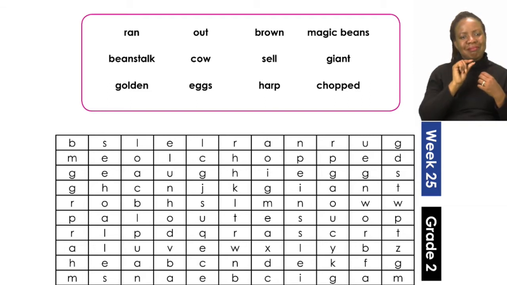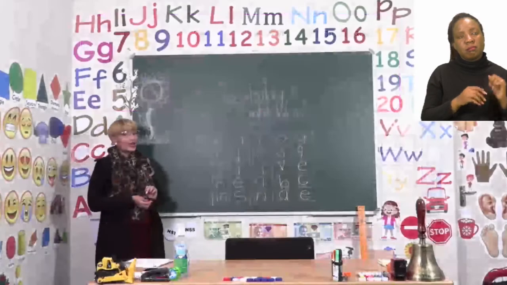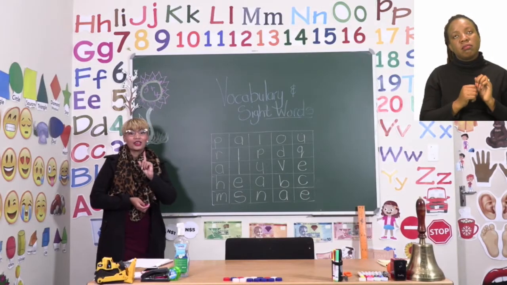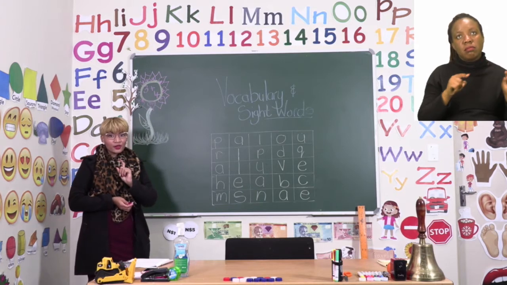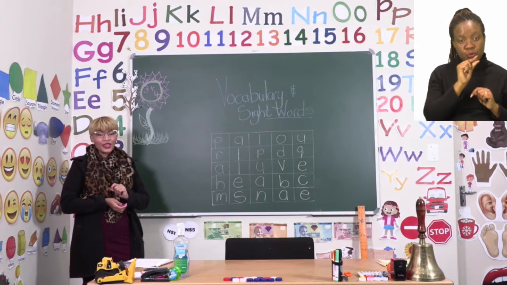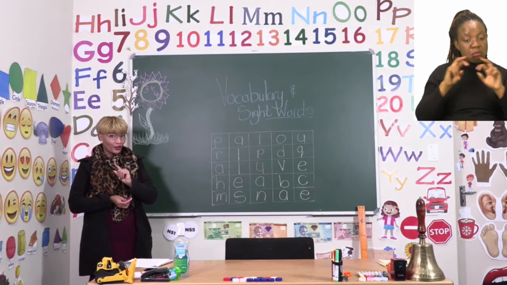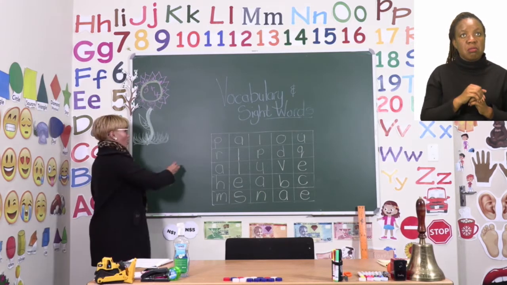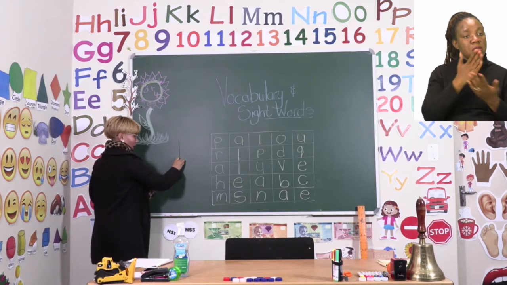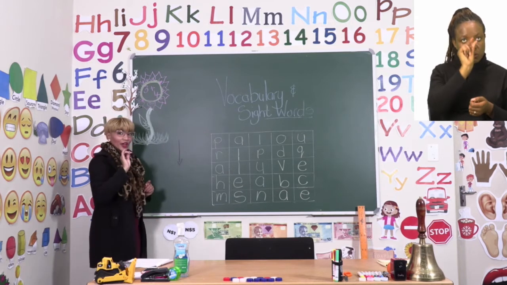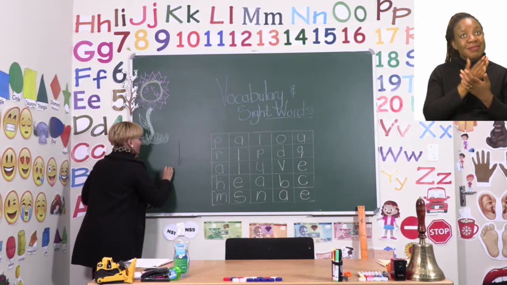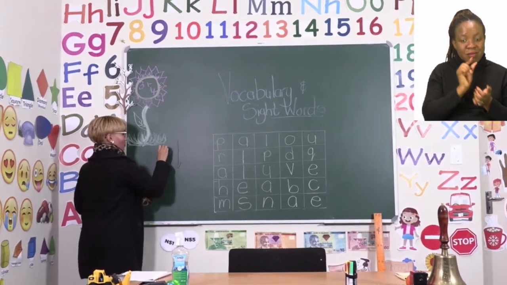I took a little piece out of the word search which I put on the board, and I am going to do 2 words with you. Now boys and girls, you need to remember that when you do a word search, you can find your words from up to down. You can find your words from down under to up top.